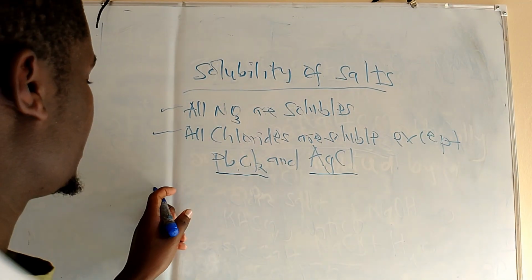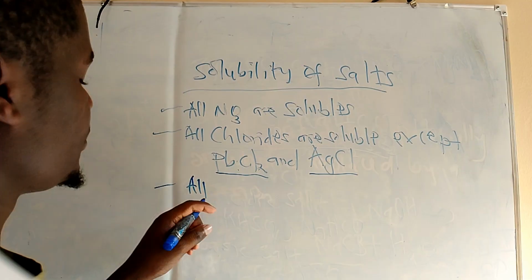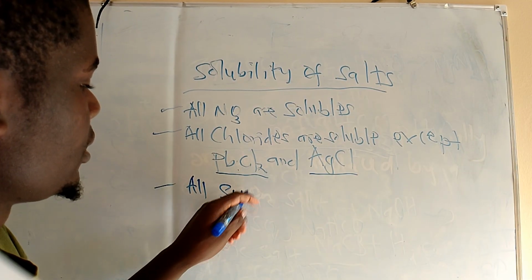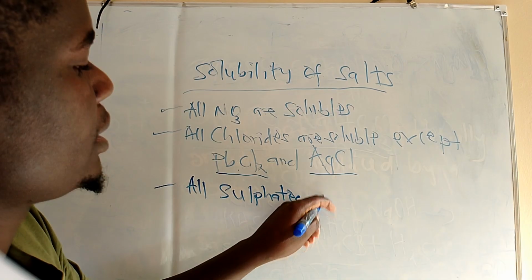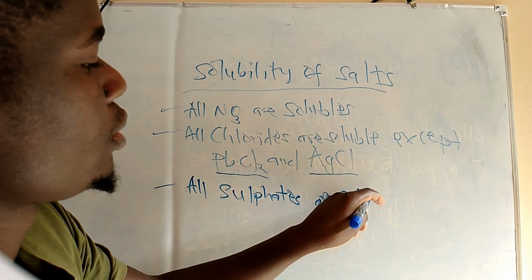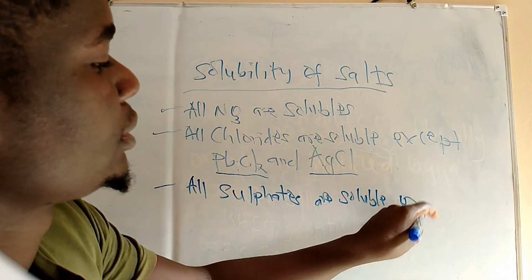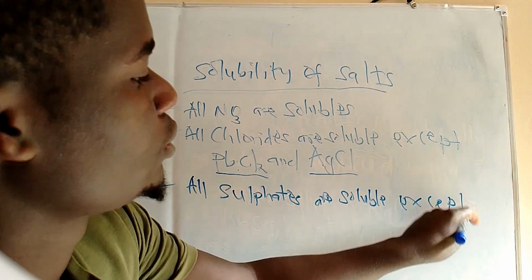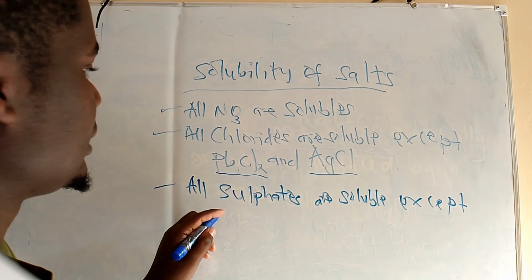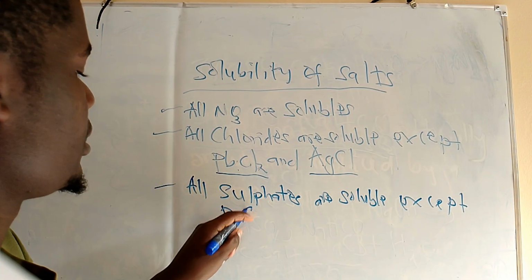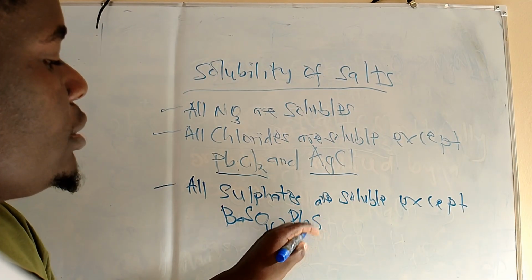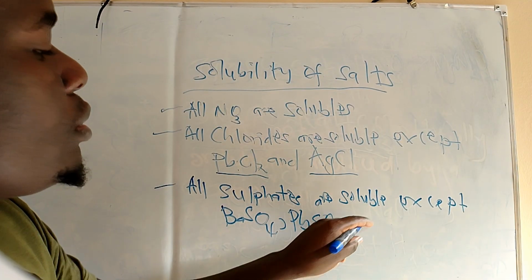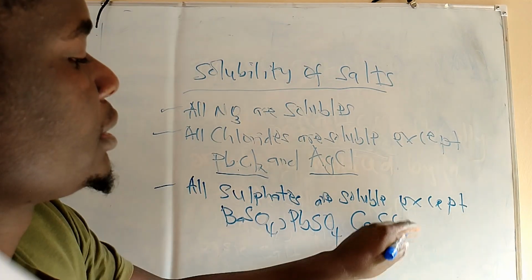And then the next one is all sulfates. All sulfates are soluble except barium sulfate, lead 2 sulfate, and also calcium sulfate.